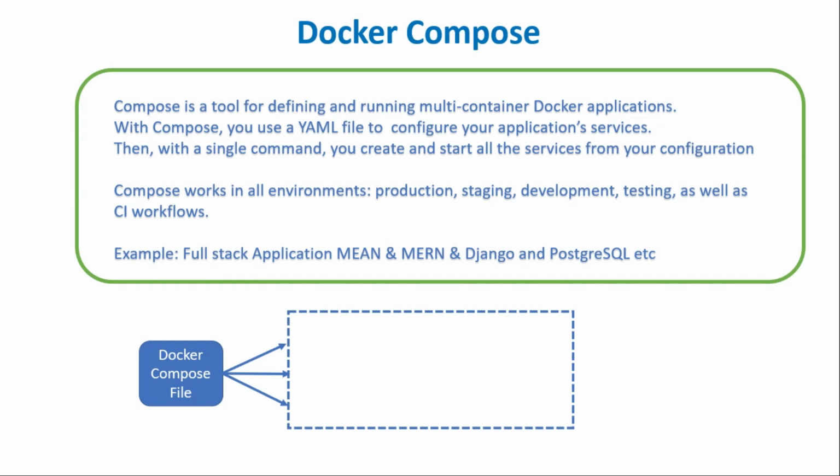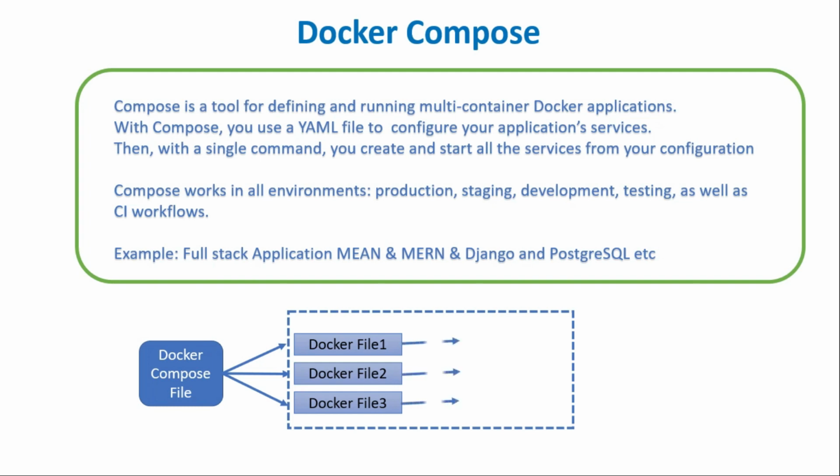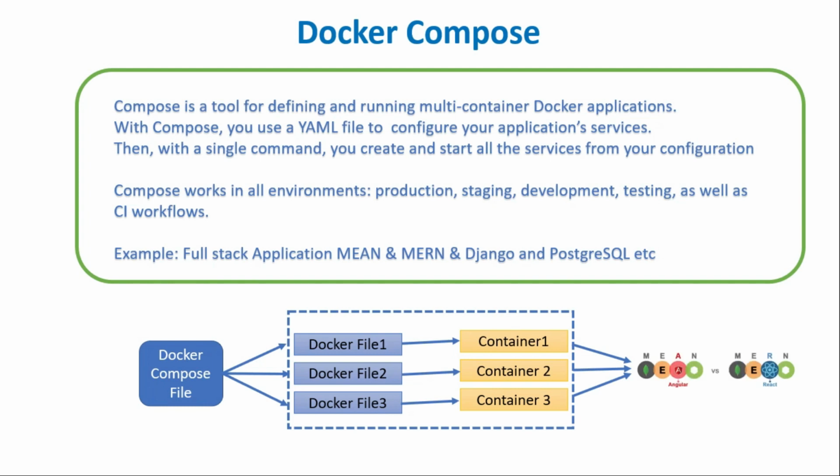After that we have one environment where we have three. It will separate all three containers, just like Dockerfile 1, Dockerfile 2, Dockerfile 3. After that it will create three containers, container 1, container 2, container 3. For these three it might be 4 or 5, according to your need.